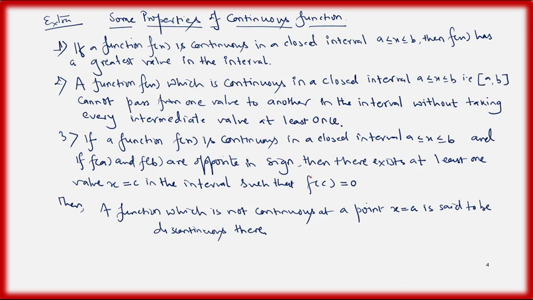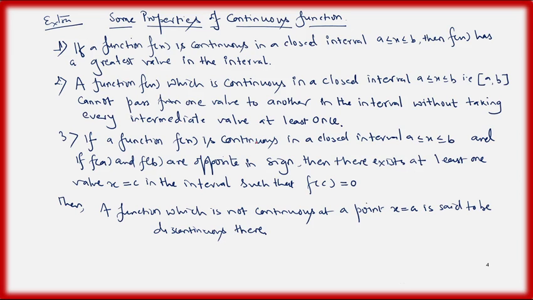And some properties of continuous functions: if a function f of x is continuous in a closed interval, then f of x has the greatest value in the interval. A function f of x which is continuous in a closed interval cannot pass from one value to another in the interval without taking every intermediate value at least once.